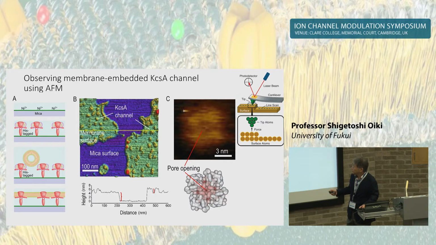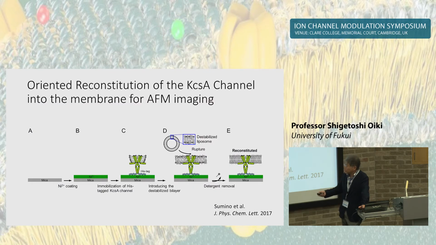Usually, channel-incorporated liposome is spread on the mica, but we changed the sequence of the experiment. First, we modified the mica surface with nickel, and the channel is attached beforehand, through the His-tag. Then liposome is added. But it is important to use a destabilized liposome. It means the liposome contains detergent.